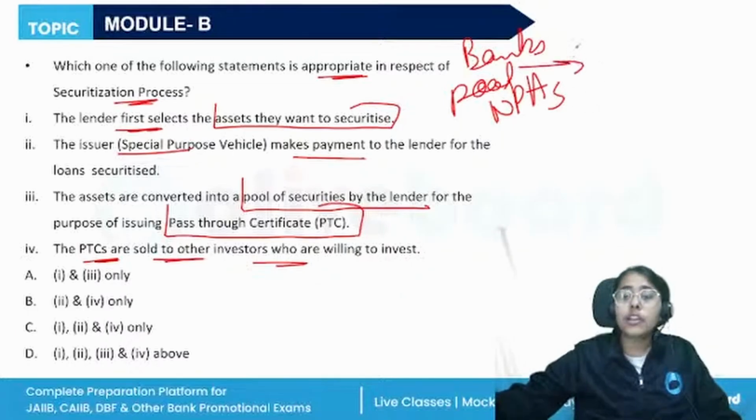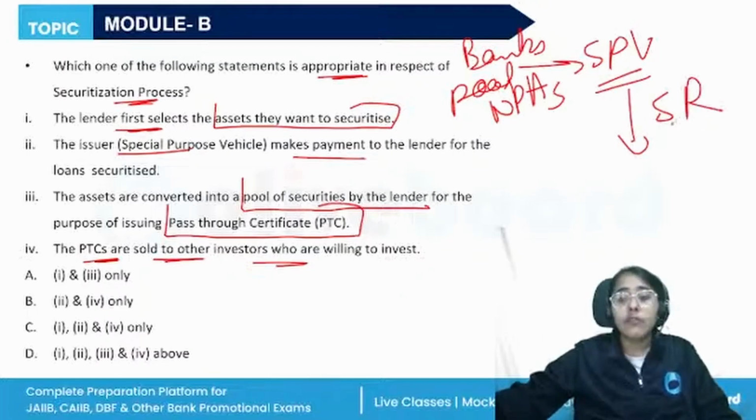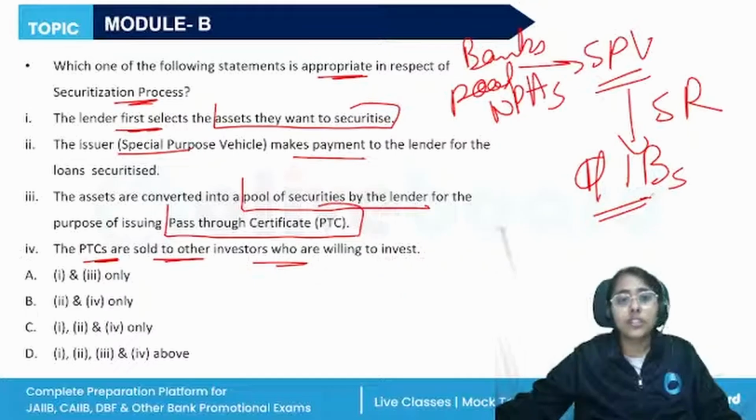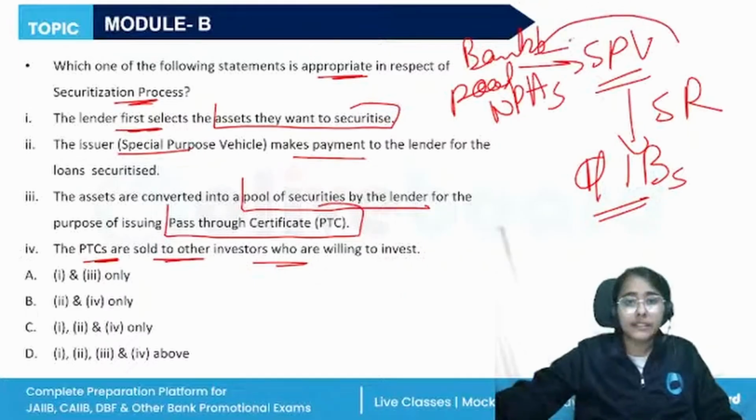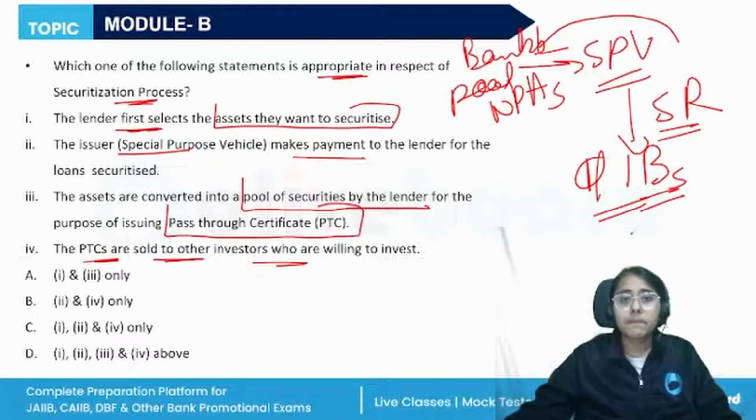This pool is acquired by the asset reconstruction company or the special purpose vehicle. Special purpose vehicles create security receipts which are transferred to the qualified institutional buyers. SPVs in return will make the payment to the banks. And these security receipts are tradable in the market. So from here, the QIBs can recover their amount. So the correct answer here will be option D.